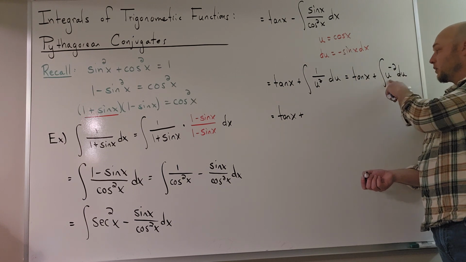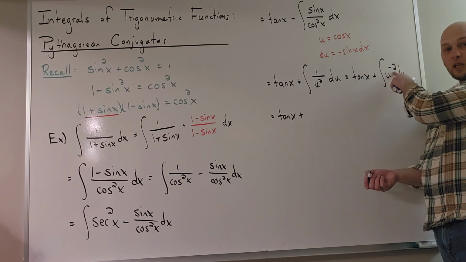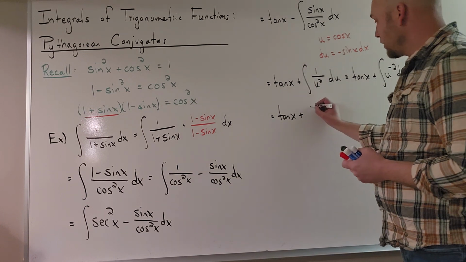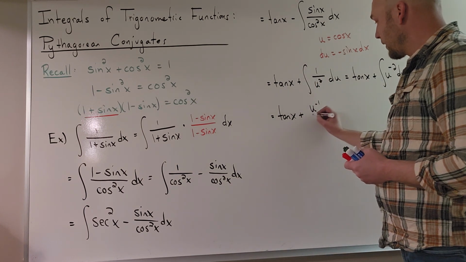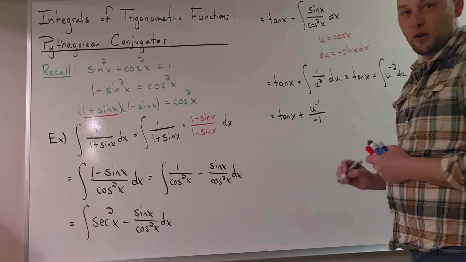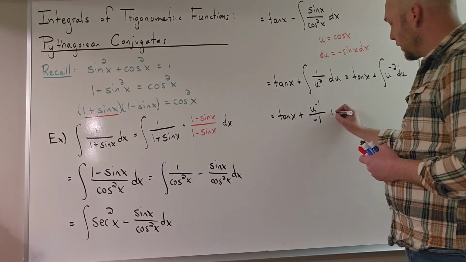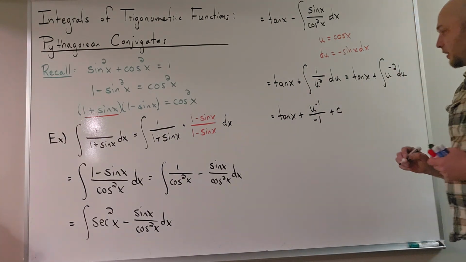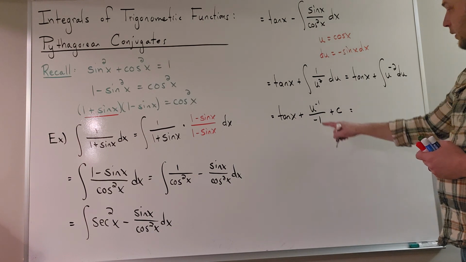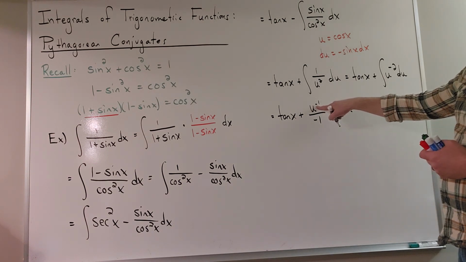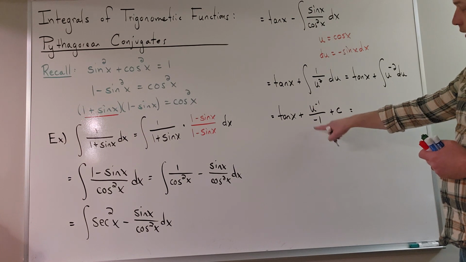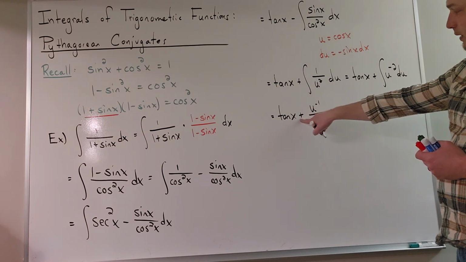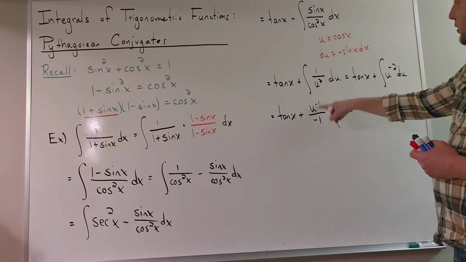When I take the antiderivative, I'm going to increase the exponent by 1, making that u to the minus 1, and then I divide by that increased exponent. And then this would be plus c, since this is indefinite. And then finally, I'll simplify this so it's a u in the denominator. I'll change this negative down here to make this a negative here, and then I'll replace u with cosine.